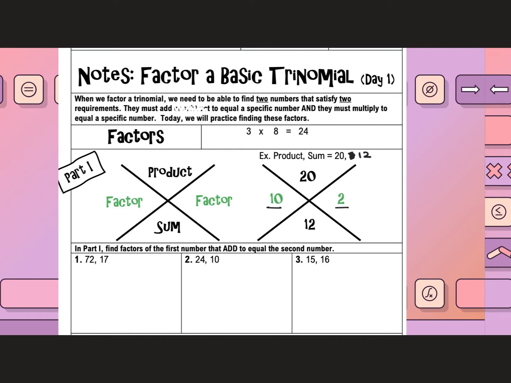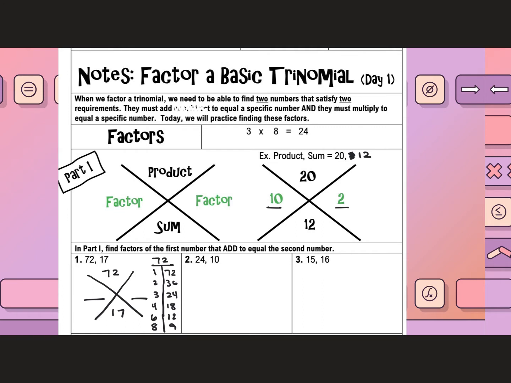All right, so let's try some examples out on our own. So I have 72 and 17. I want two numbers that when I multiply them, I get 72, and when I add them together, they give me 17. You can list the factors of 72. So I have 1 and 72, 2 and 36, 3 and 24, 4 and 18, 6 and 12, and 8 and 9.